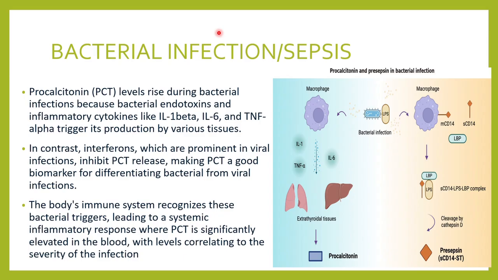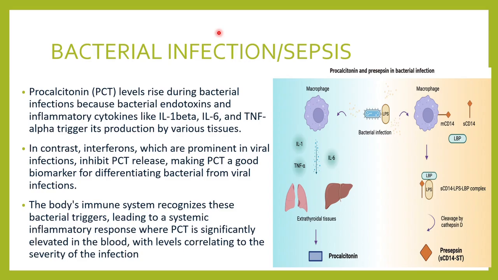Because for a bacterial infection we can give antibiotics, and antibiotics will treat it. For a viral infection we cannot give antibiotics. Antibiotics are so much misused. For every illness antibiotics are given, so there is antibiotic resistance. To make judicious use of antibiotics, this test is going to help us. And secondly, to identify that this is a bacterial infection, this test will help us.